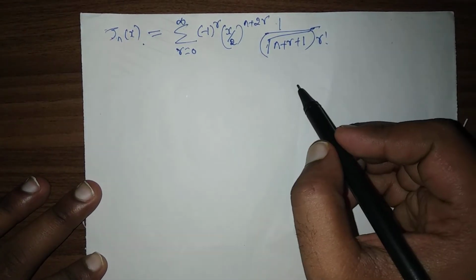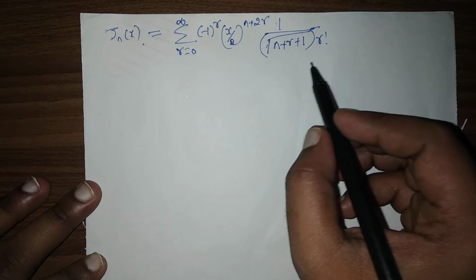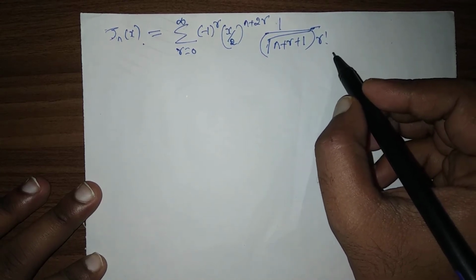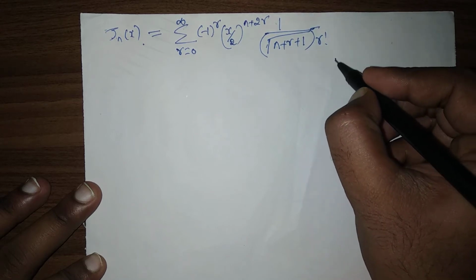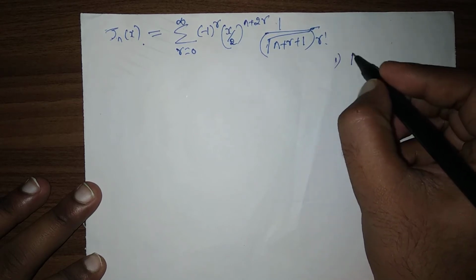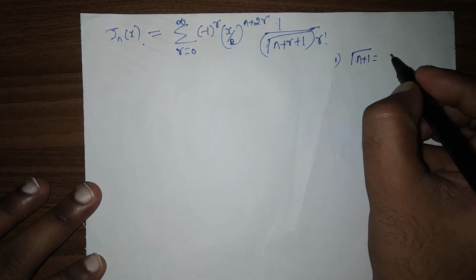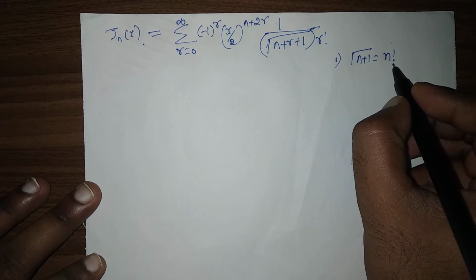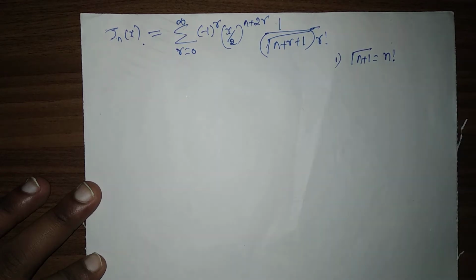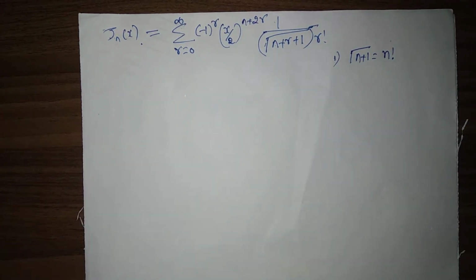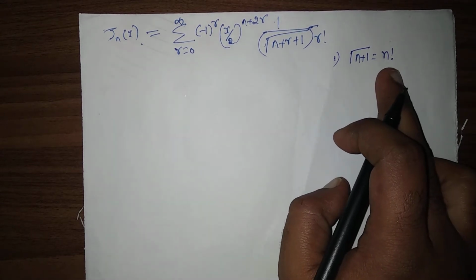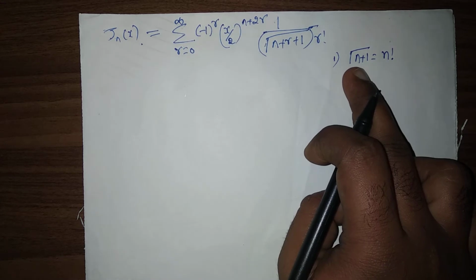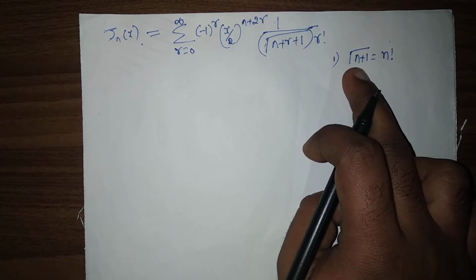So in the previous class, like in the introduction, I told you that you have to know some basic properties regarding this gamma function. One is gamma of n plus 1 is n factorial, and n factorial can also be written as gamma of n plus 1.